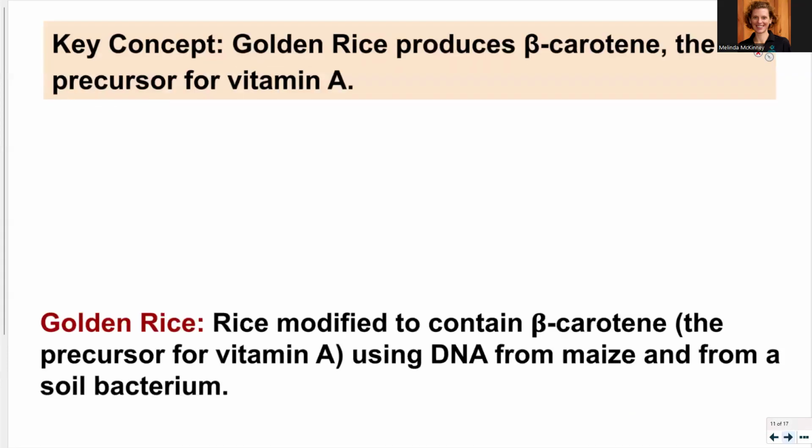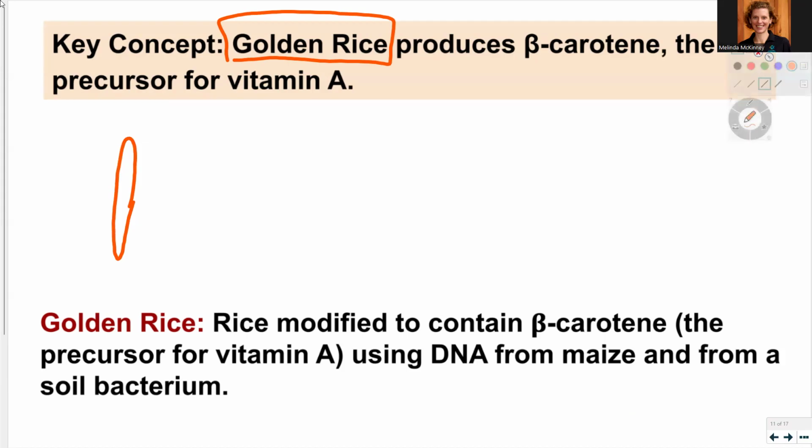Another example of a transgenic organism is golden rice. So this has benefited a lot of individuals. Generally rice doesn't have too many nutrients in it, especially in certain regions like in India.